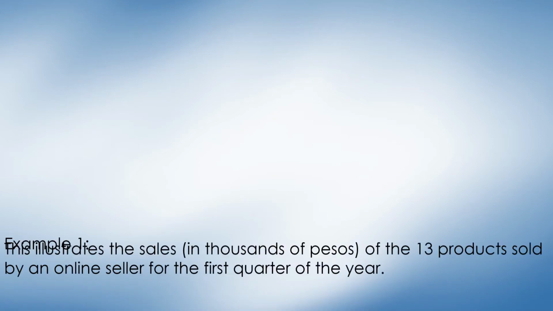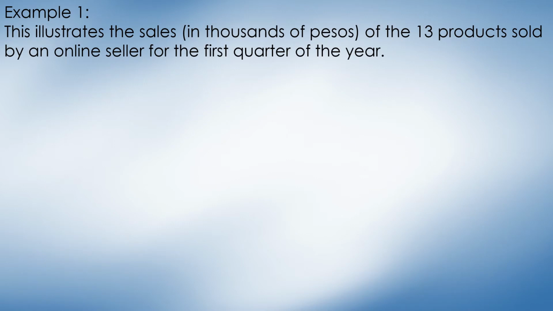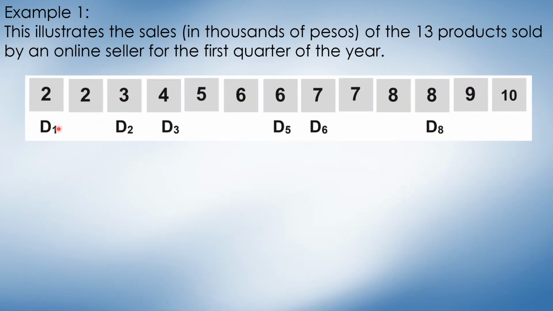Let us use the illustration of deciles in our example number 1. This illustrates the sales in thousands of pesos of the 13 products sold by an online seller for the first quarter of the year. So you see here 2, which stands for 2,000 pesos.